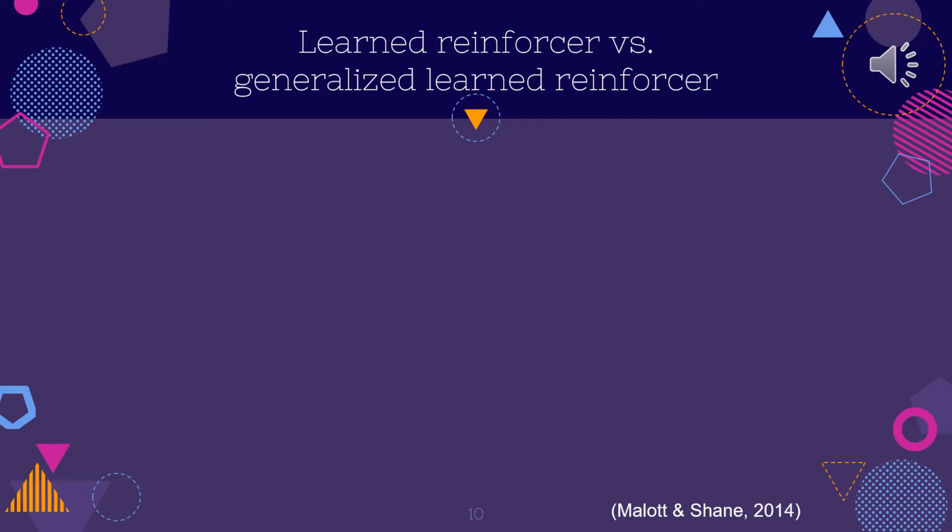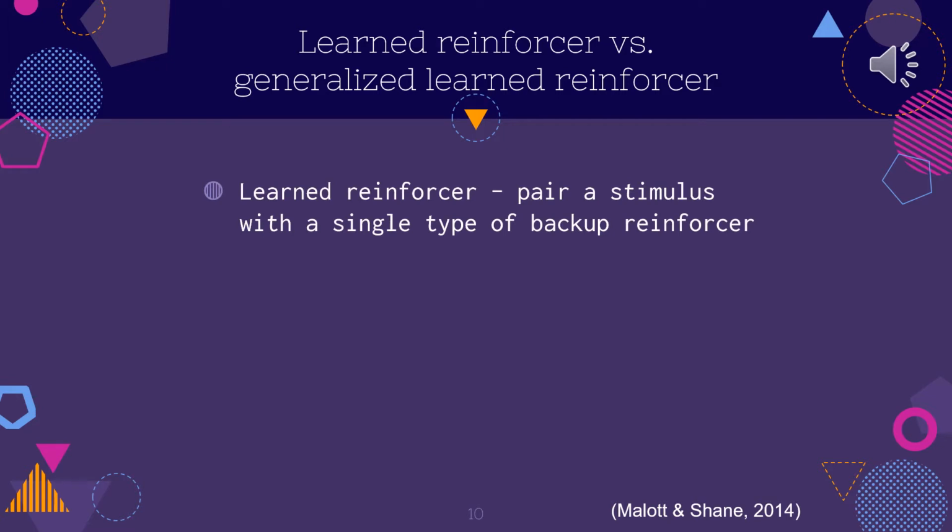Let's compare and contrast learned reinforcers and generalized learned reinforcers. With learned reinforcers, you're only pairing a stimulus with a single type of backup reinforcer. For example, if you pair the sound of a click with access to food for a dog, this will make the click a learned reinforcer because it is only paired with a single type of backup reinforcer.